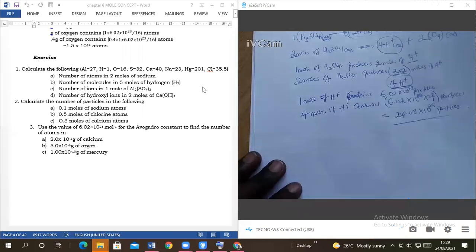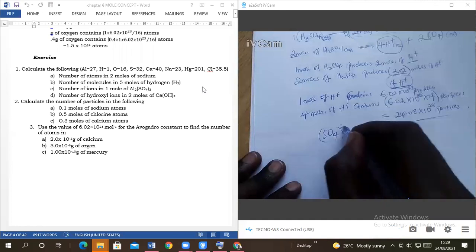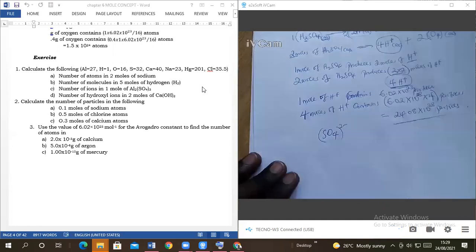If they are to ask you to find the number of oxygen ions or something of that kind, are you going to multiply 2 times the number of this, if they ask you to find it in 2 moles of this ion?